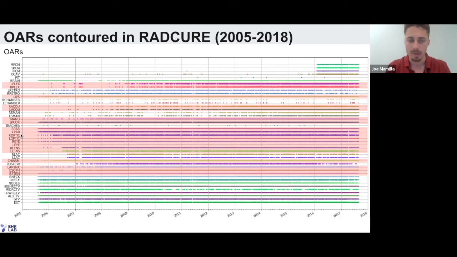So you can avail yourself of that. The whole goal would be to segment each and every one of these regions of interest automatically using all the data that we have at our disposal.